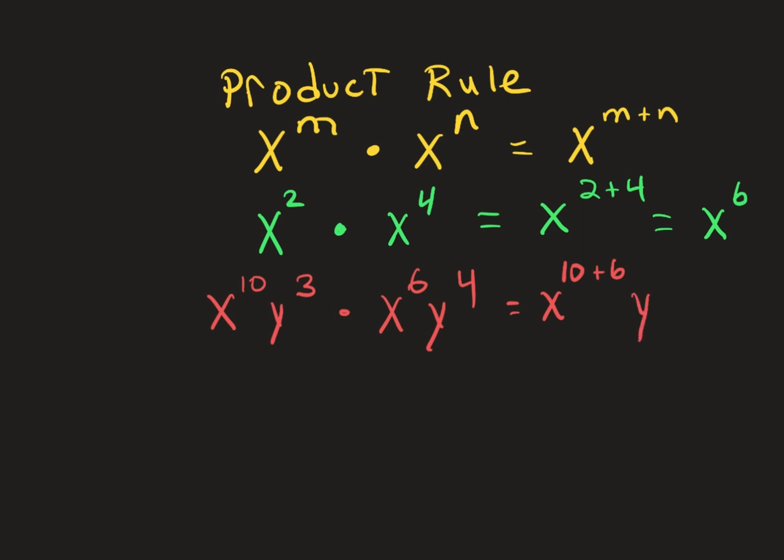For the y values, we've got 3 in the first term and 4 in the second term. 10 plus 6 is 16. 3 plus 4 is 7. That's your simplified form for x to the 10th, y to the 3rd, times x to the 6th, y to the 4th. You just kind of piece them together as you go along.